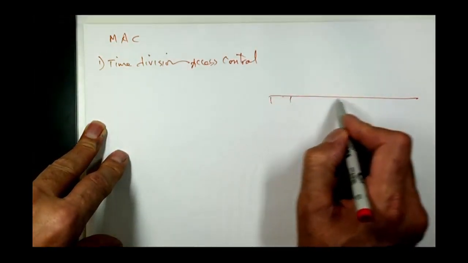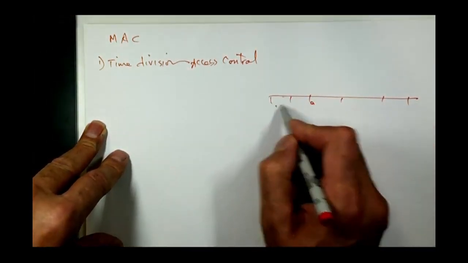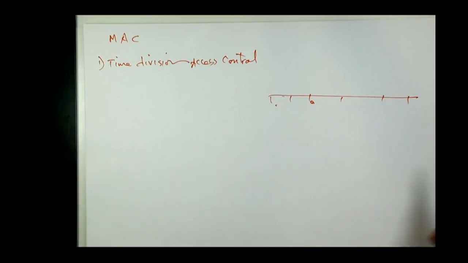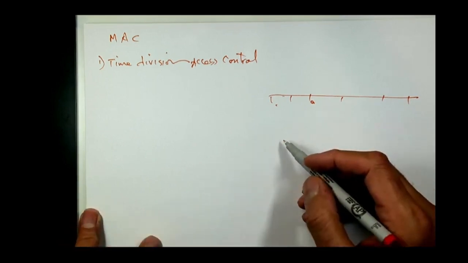Let's say we had 4 machines that need to transmit. Time is split into time slices, and every machine is allocated a time slice, and it's only allowed to transmit during that time slice.